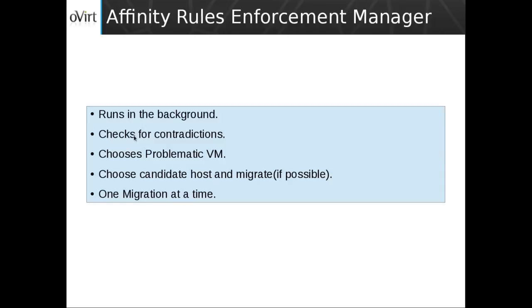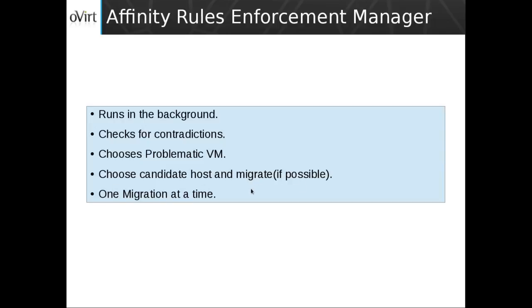And if it does find a contradiction, it chooses a problematic VM from the affinity groups which it found. I'm going to explain later exactly how it does it. And then it chooses a candidate host and migrates the VM to it if it's possible. And I'm also going to explain later how we choose the host.